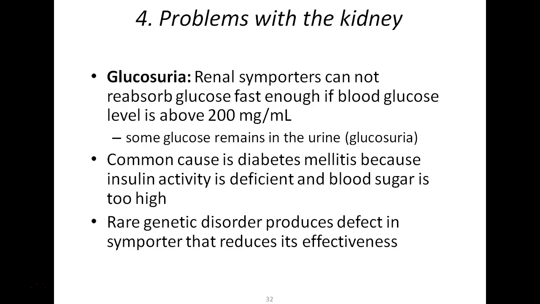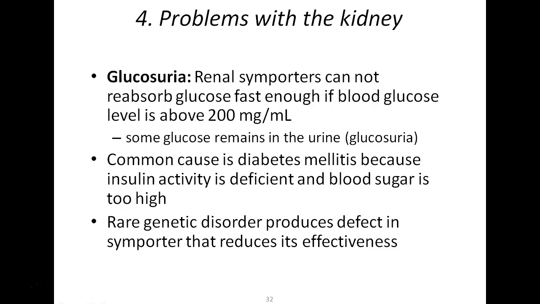Another homeostatic imbalance with the kidney is going to be glucosuria. So glucosuria is going to be the excretion of glucose into the urine. If it's working properly, glucose should be totally reabsorbed in the proximal convoluted tubule.